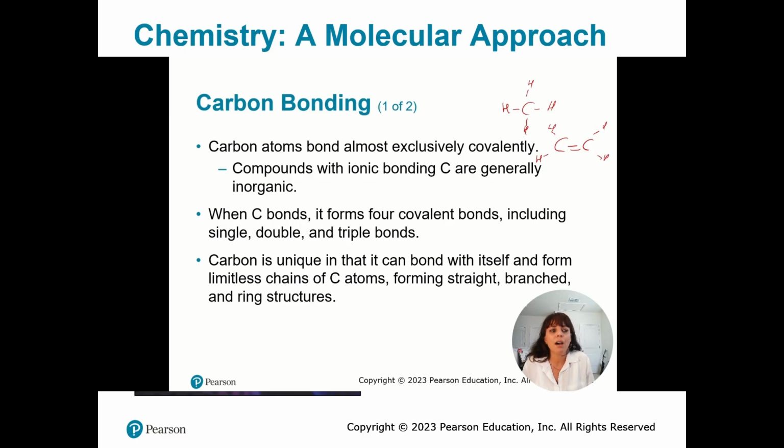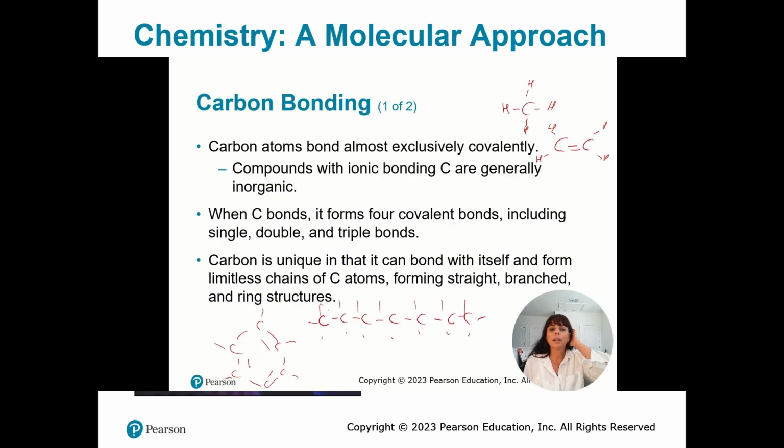Like I could have octane, which is 8 carbons, part of the gasoline that you use as fuel, right? And a bunch of hydrogens around it. Or it could form a ring with double bonds and more hydrogens around.